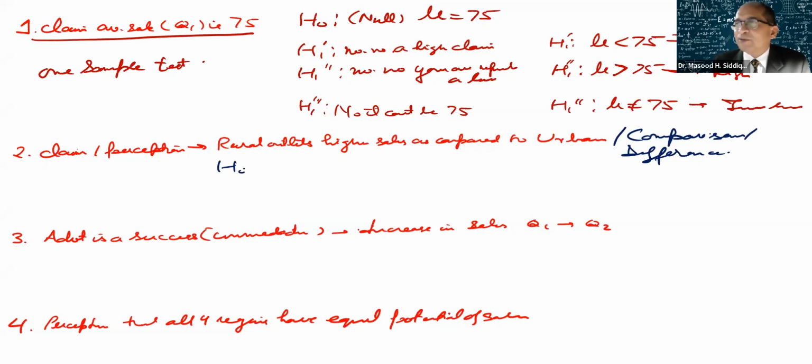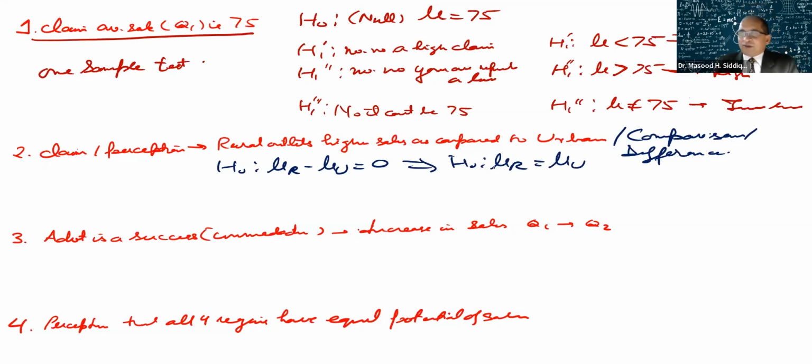So here the hypothesis can be mu r minus mu urban equals 0. But it is better to write it in the form of mu r equals mu u, right? Why do we do this? Because H naught proposes that there should not be any difference. H naught is to be nullified. So it proposes no difference, right?